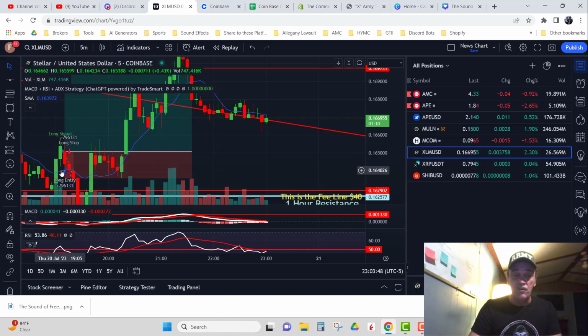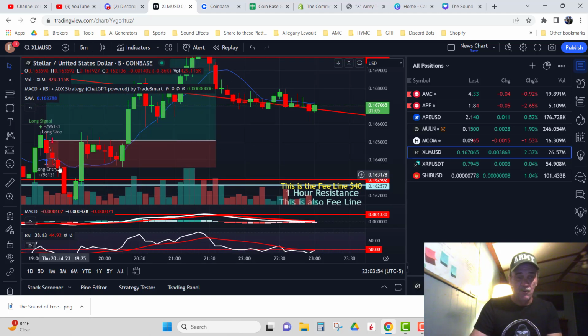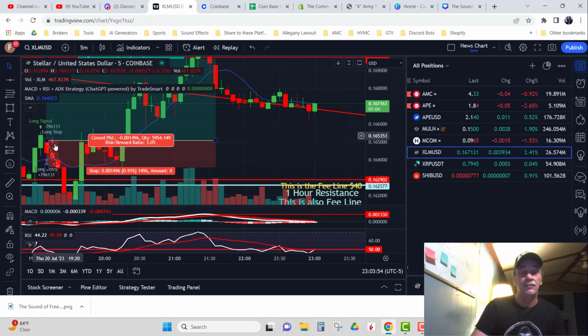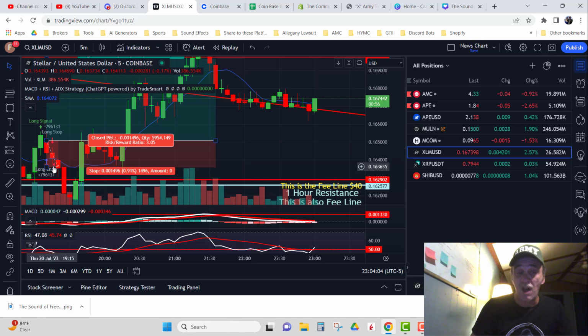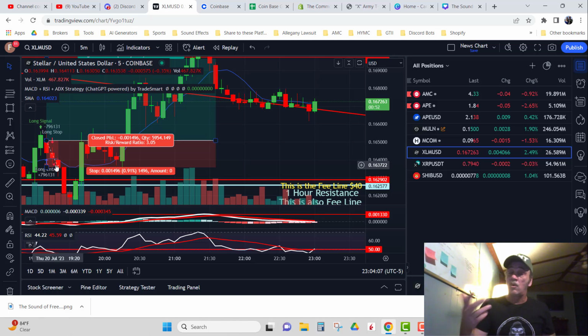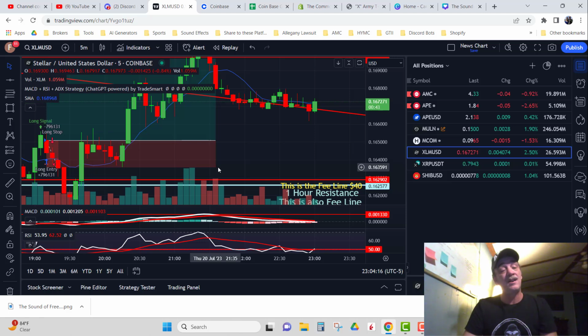Then it will give you the long exit from the trade right here, long stop, and that tells you where you need to set your stop loss if you're going to use one. Now, I don't use one simply because I don't want to alert the algorithm of where my selling price will be. All right, I watch it on a continual basis. I don't need to set a stop loss.